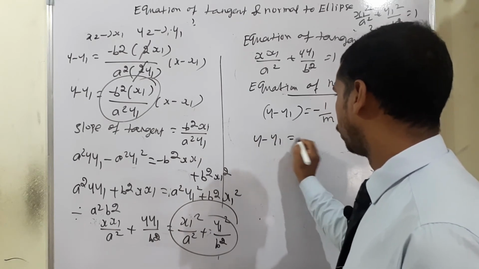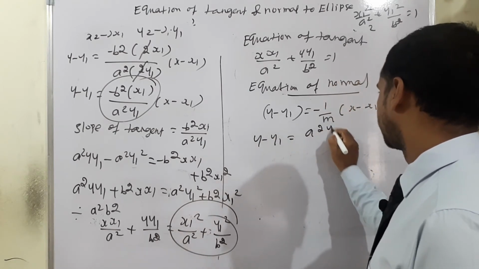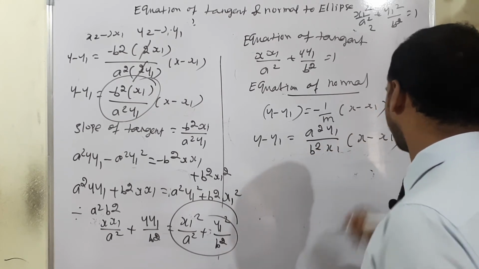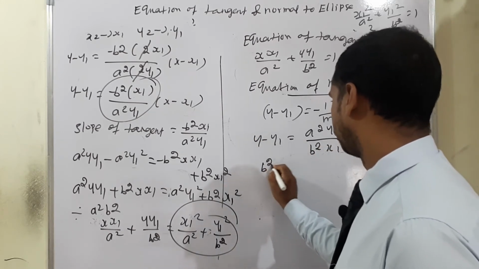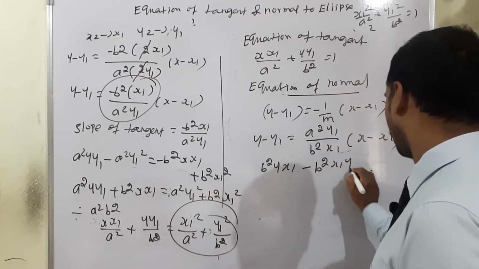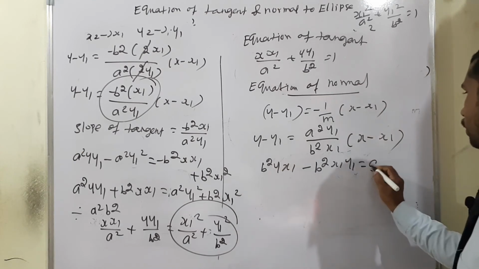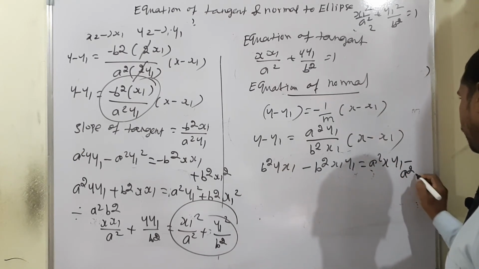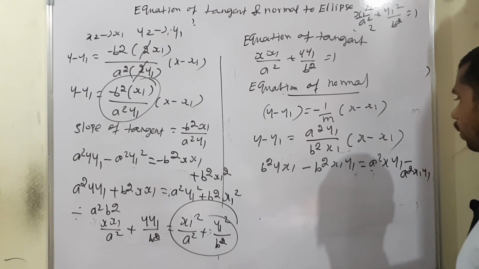Therefore, y minus y1 is equal to a square y1 divided by b square x1 into x minus x1. Again cross multiply: b square y x1 minus b square x1 y1 is equal to a square x y1 minus a square x1 y1.